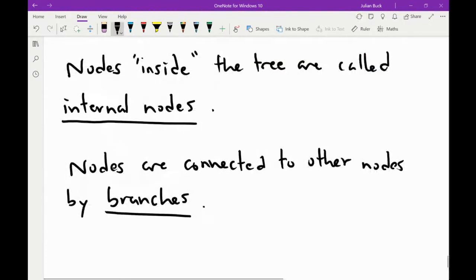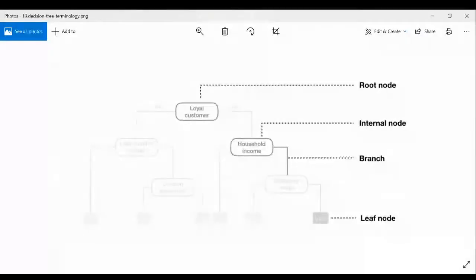Okay. All right. So here's an image of this terminology at play. Basically, it looks like a tree that's upside down. Because of course, with an actual tree, the roots are at the bottom, in the ground, and then the tree grows up through the branches, eventually to the leaves at the top.